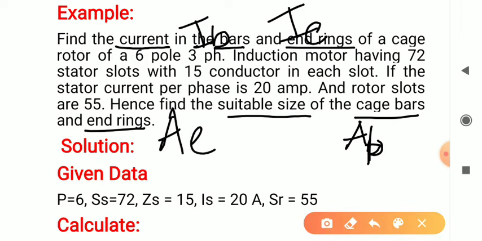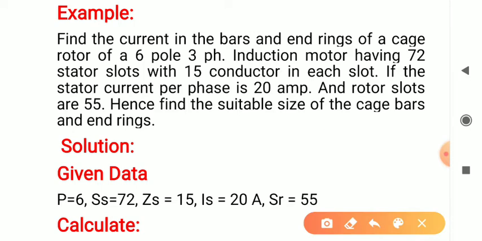So these four quantities we need to calculate, and to calculate these quantities the data given is: number of poles are 6, having stator slots 72. Stator slots are denoted by SS, so SS is 72, and the conductors in each slot are 15, that is ZS, the number of conductors in each slot.